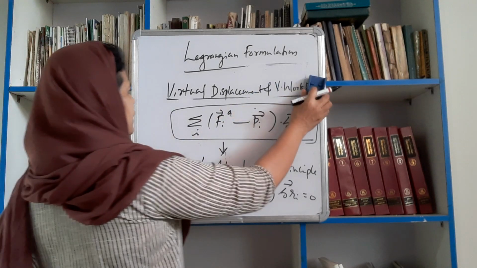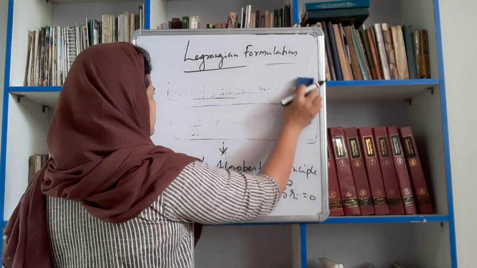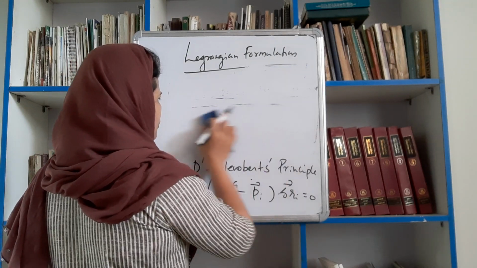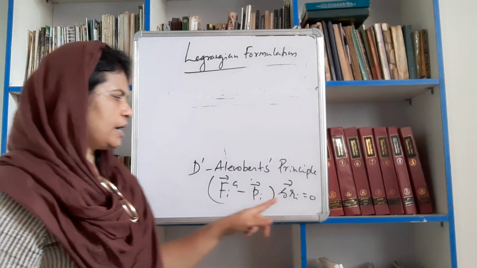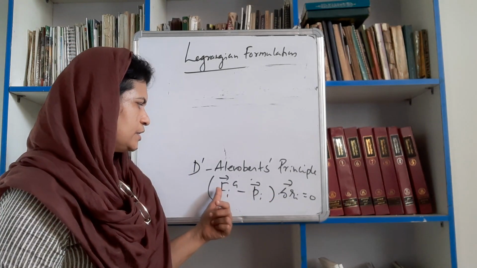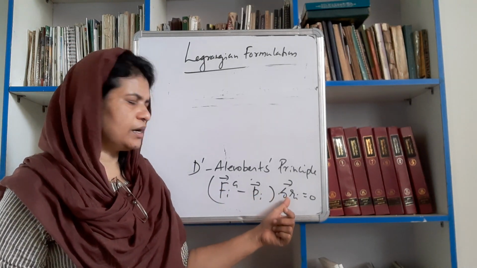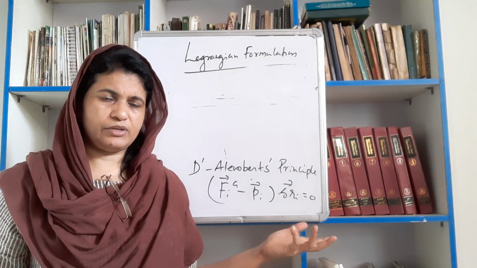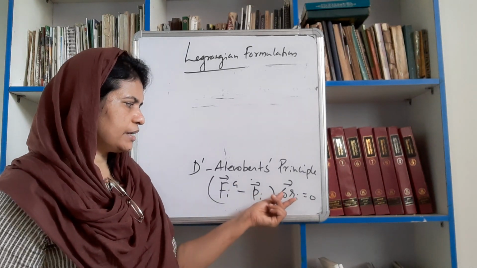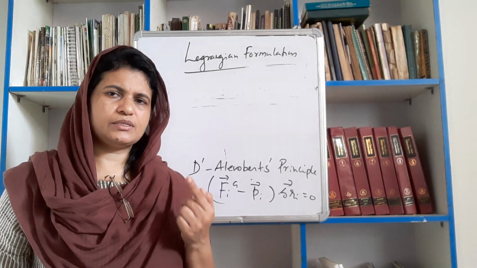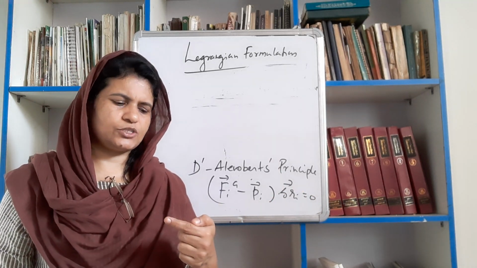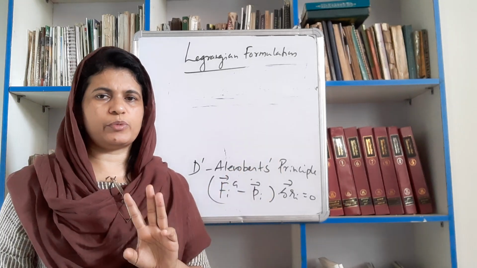Another thing we can get from this equation is the concept of generalized coordinates. Here delta Ri is a vector, but Fi dot delta Ri is a scalar. It is a work done. Instead of Ri, the position vector, for a single particle we can have x component, y component and z component. Three components are there.